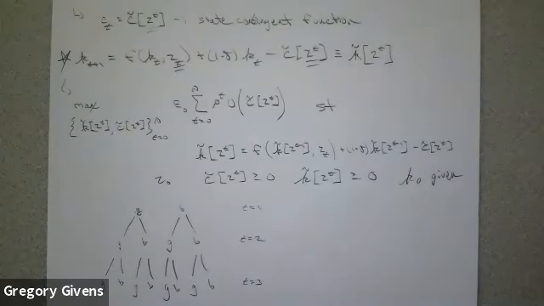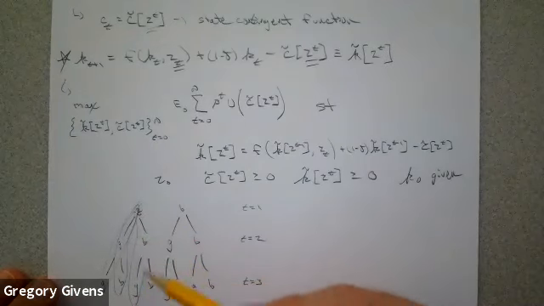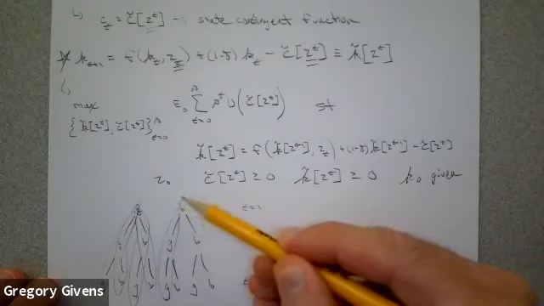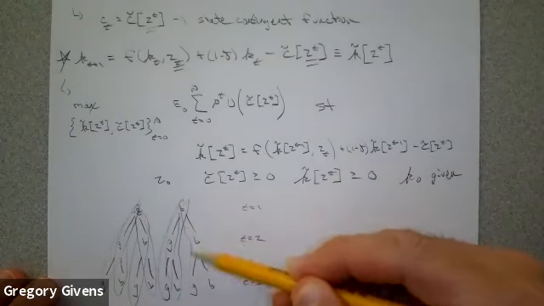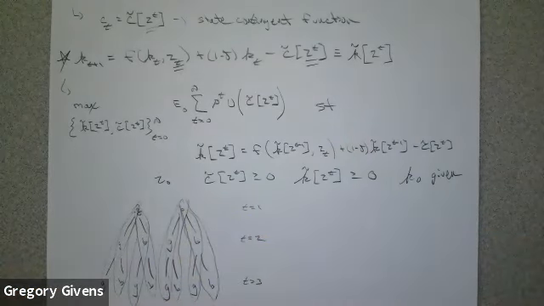So if we just analyze this problem with two possible states of the shock for 3 periods, how many different possible paths can the shock take? 1, 2, 3, 4, 5, 6, 7, 8, right? Easy.